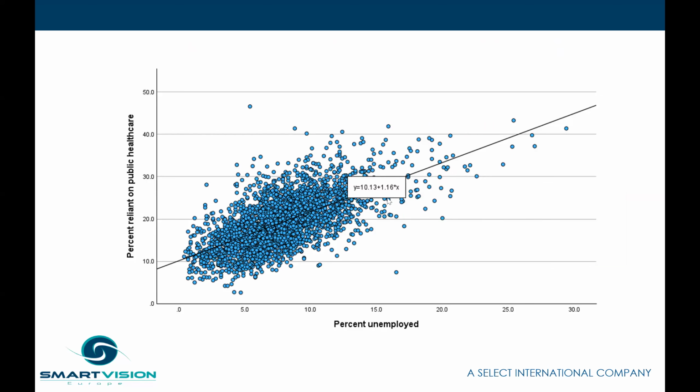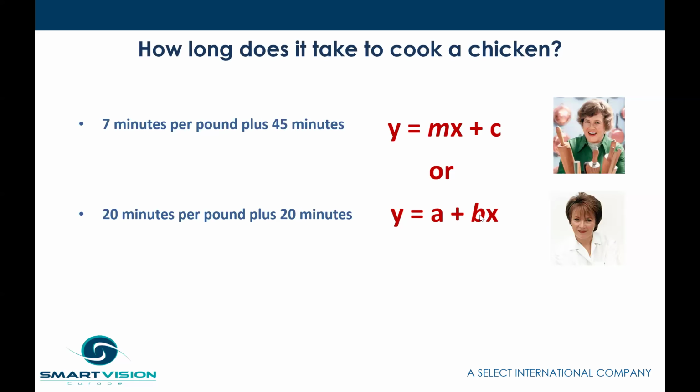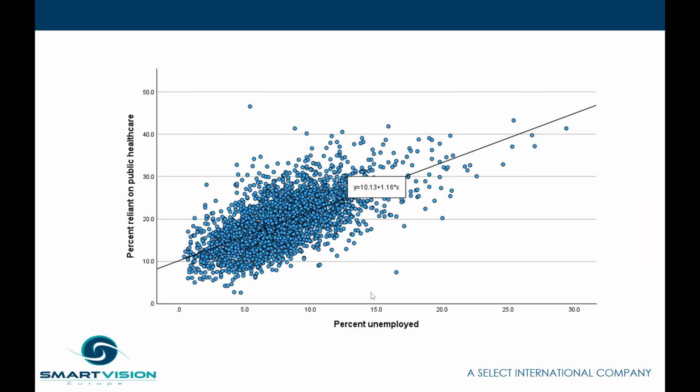It gives you y equals mx plus c, or y equals a plus bx, or whatever you want. This is saying if you want to predict, let's say, percent on public healthcare, and you know 10% of people are unemployed, and you think, well, how many people are going to use public healthcare? You can look up the line here and read it across and say it's going to come in at about 23%, something like that.